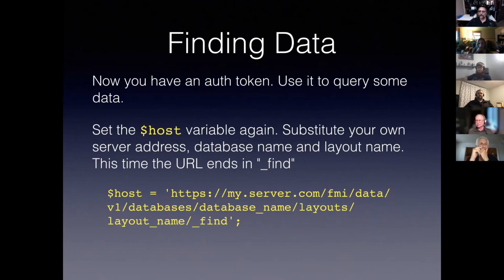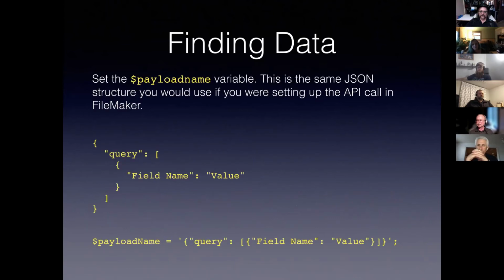As I mentioned, the host variable, the server's URL, is slightly different now. It's going to end in /find. The URL also needs a layout name in this case. So we have to set the host variable.